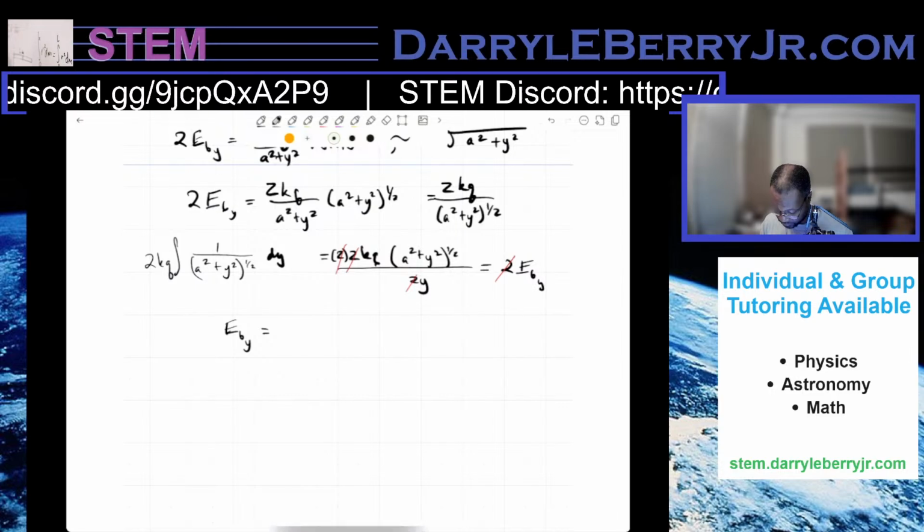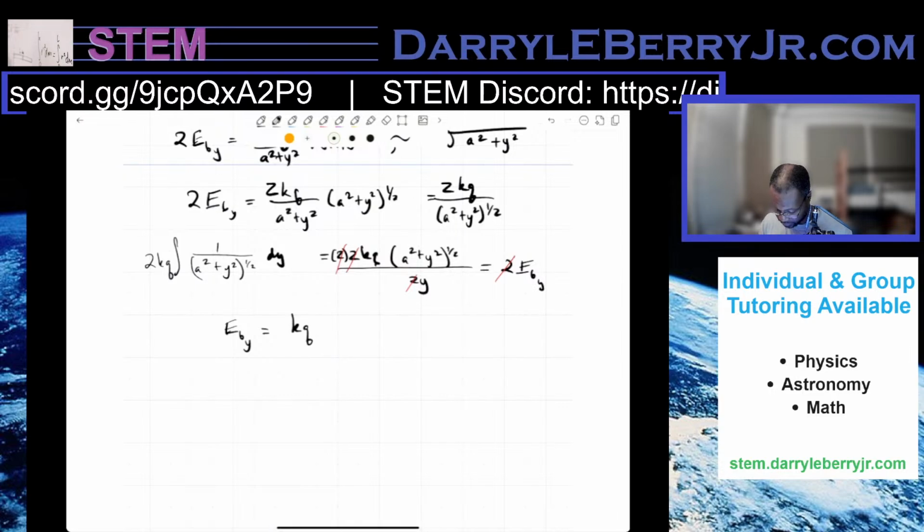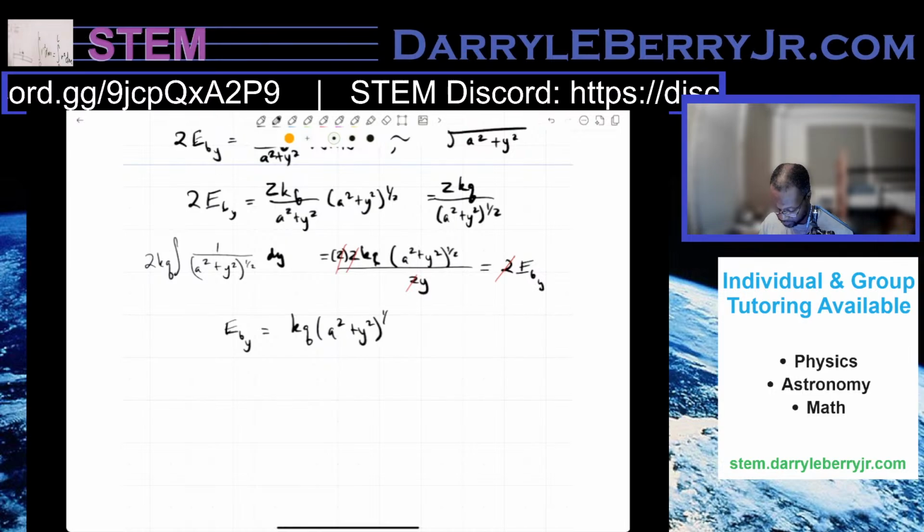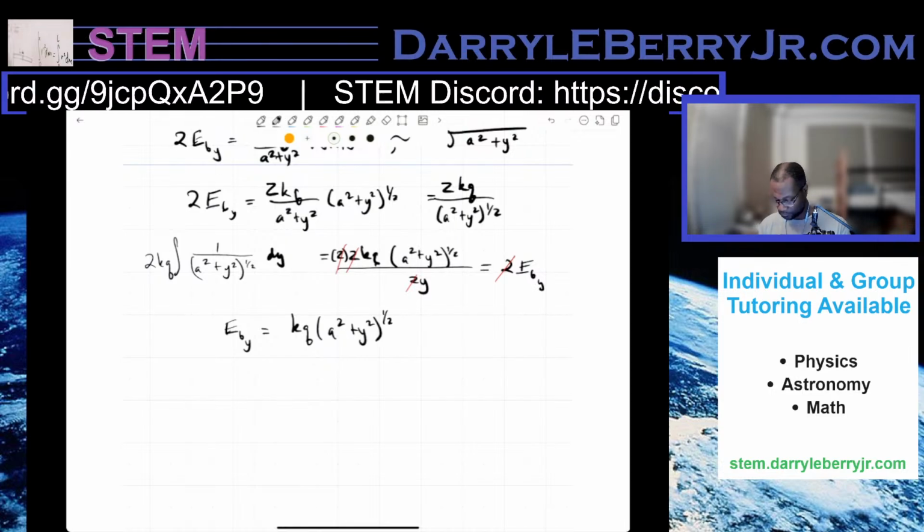E6y equals kq over the square root of A squared plus Y squared.